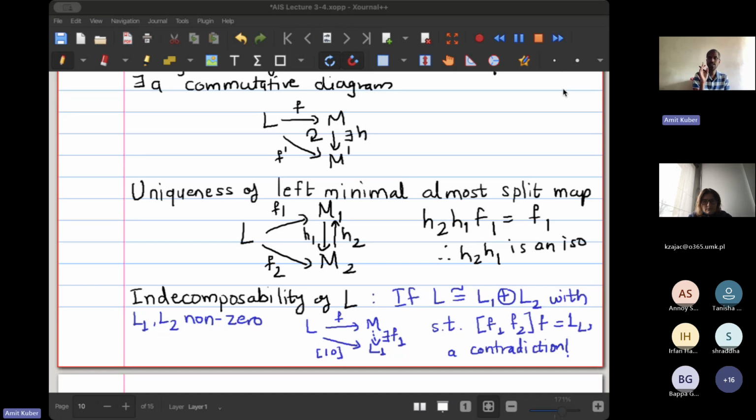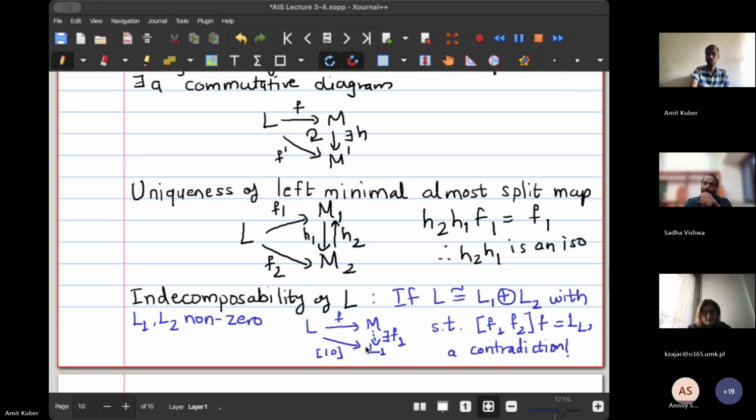Do you agree with that? It's not a split monomorphism, it's a projection map and L2 is non-zero. So therefore, this is not a split monomorphism. So there will exist some F1. And similarly, if you replace L1 by L2, there will exist some F2. And then you just rewrite this.